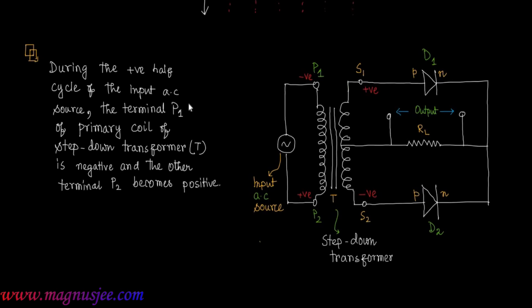In this case, during the positive half cycle of the input AC source, the terminal P1 of the step down transformer is negative, but the other terminal P2 becomes positive.